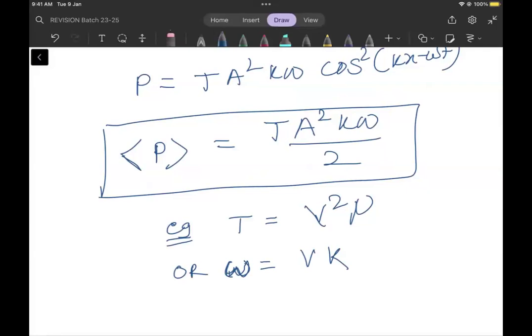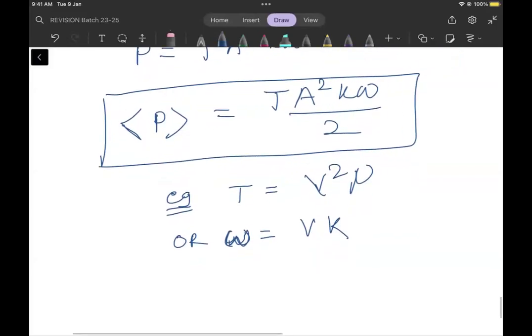So amplitude is always going to stay there. You can replace any term apart from amplitude, and you can manipulate this expression in such a way that the expression for power only contains those variables which are asked for in the question that you are looking at.